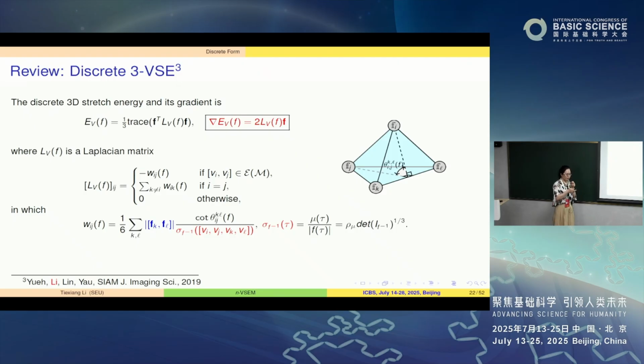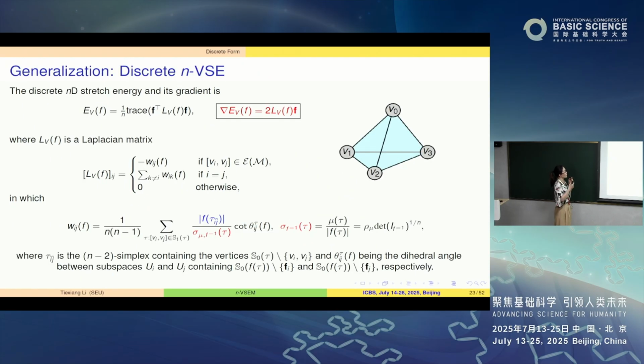Now, of course, we generalize them to the n-dimensional manifold. For the discrete nD structure energy, we generalize the concept as this one, and for this energy we can prove the gradient is this one.